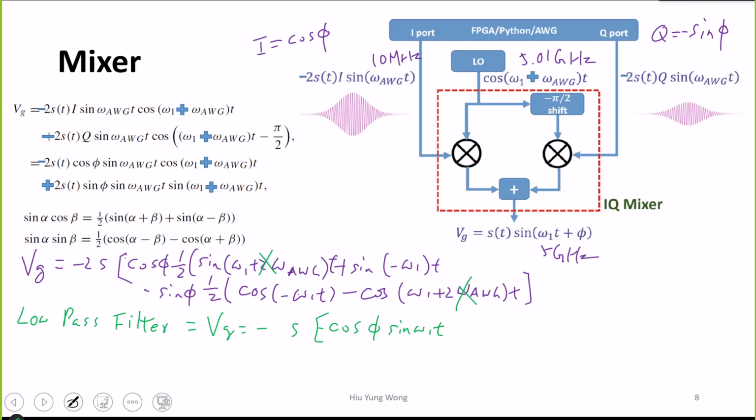The next one is negative sine phi times cosine omega_1 t, because cosine of negative theta is just cosine theta. So I get this. So these are all identities, right? As a result, you get s(t) times sine of omega_1 t plus phi.